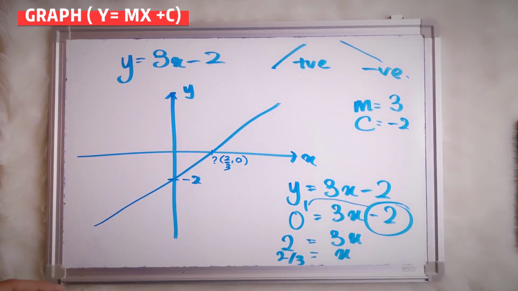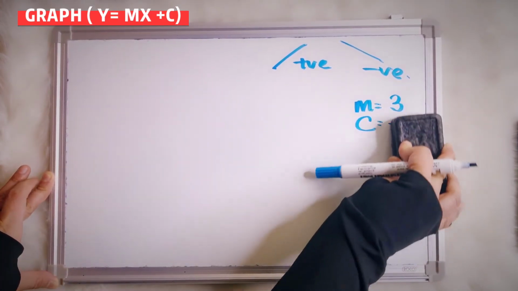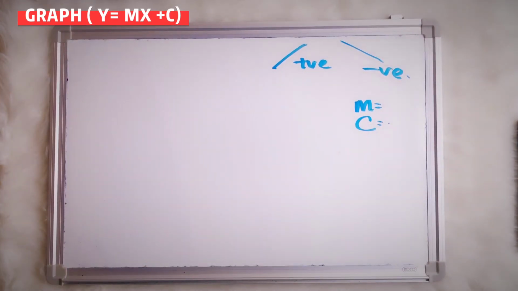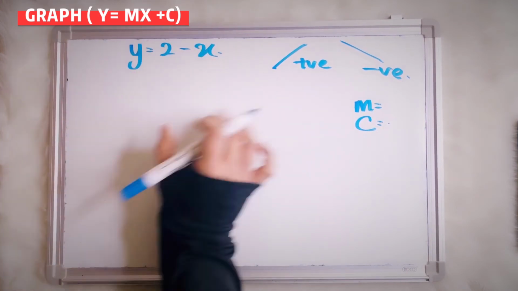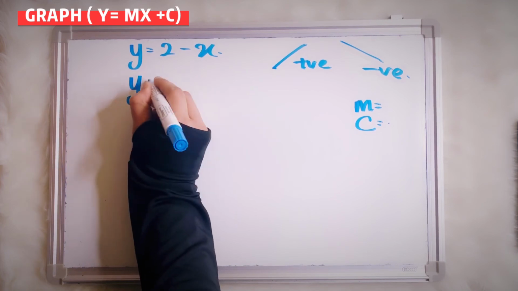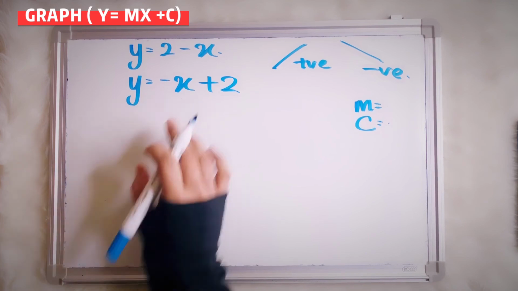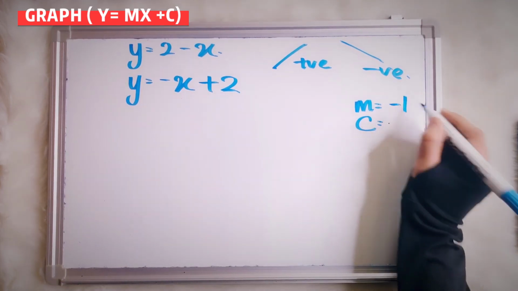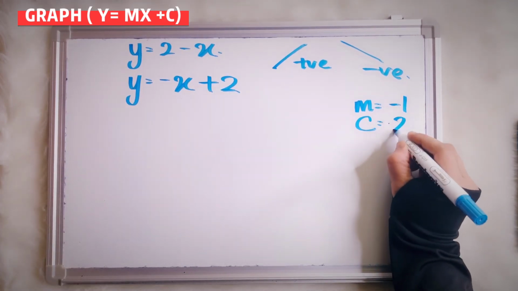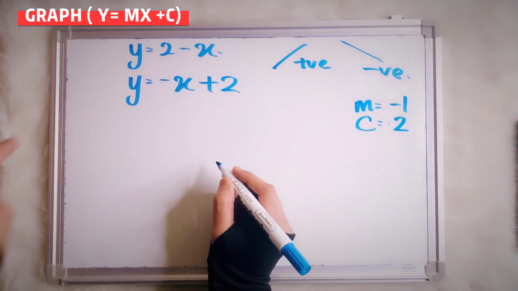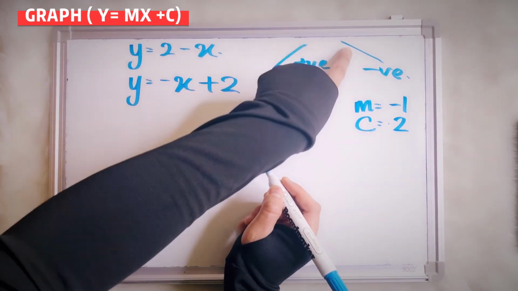Next, last one. I give you y equals 2 minus x, so rearrange. So y equals negative x plus 2. Basically we know our gradient here is negative 1, and your y-intercept will be 2. Since in front of x we have a negative sign, our graph will be like this.